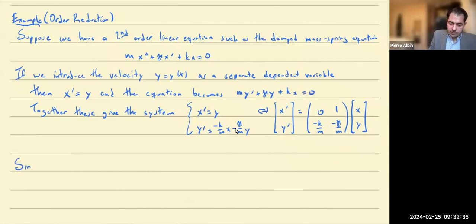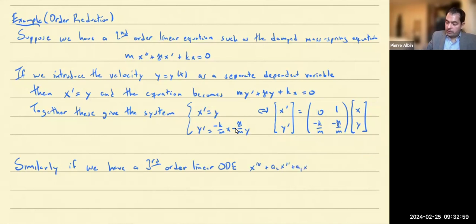Similarly, if we have a third order linear ODE, say x triple prime plus a2 x double prime plus a1 x prime plus a0 x equals f.